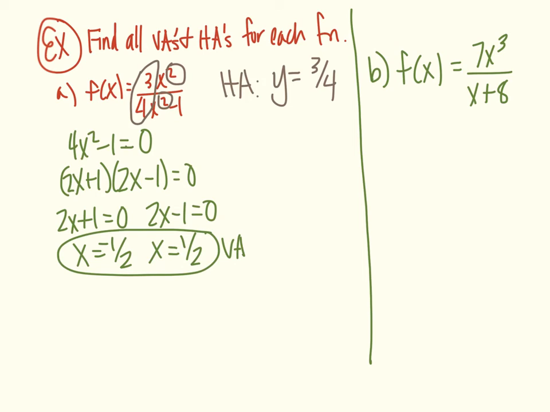Clearly, this is not the same as part A because that one had matching degrees, so you used leading coefficients. This time, the degree of the numerator is higher. So go ahead right now and look back at your notes and see what happens with the horizontal asymptote if the degree of the numerator is higher. Or you can just think about what happens when you plug infinity in. What's it going to do?